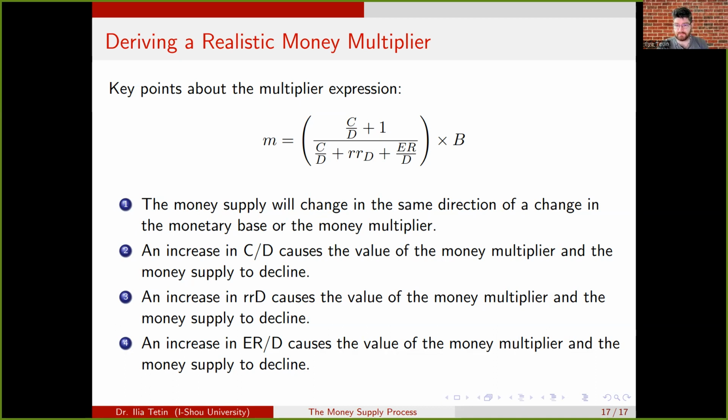Next, we have to calculate the value of money supply, with a different way of calculation. The money supply is currency plus checkable deposits: M equals C plus D. So M equals 400 plus 800, which is 1 trillion 200 billion.